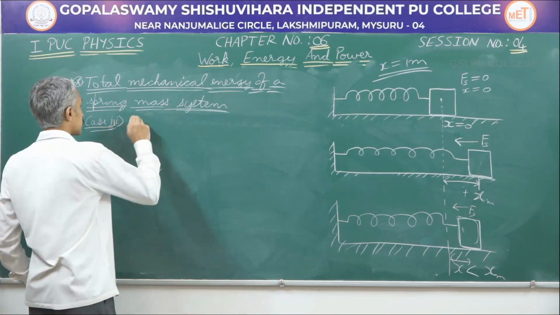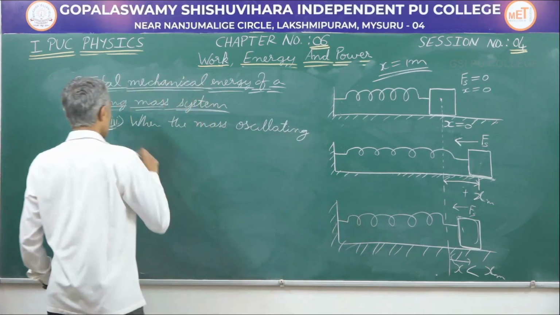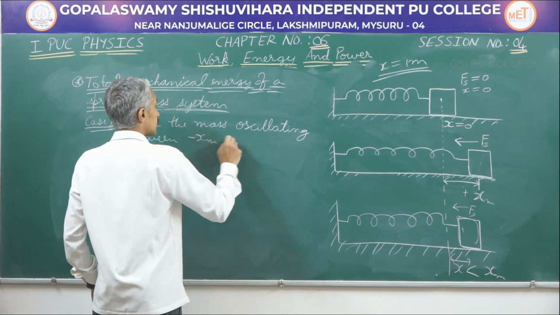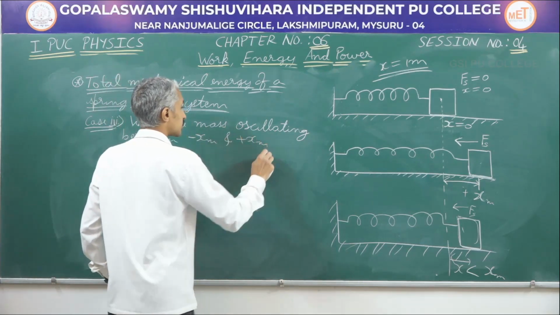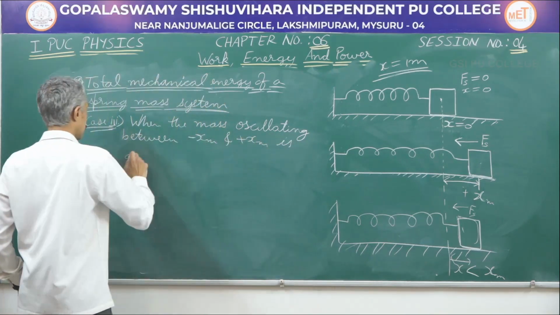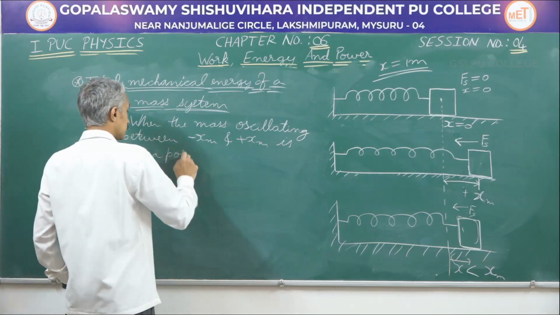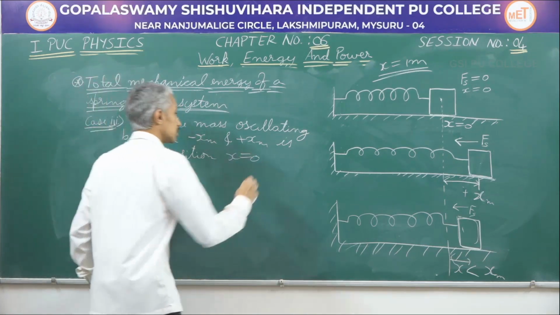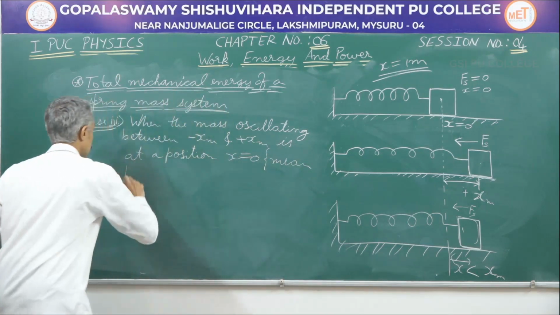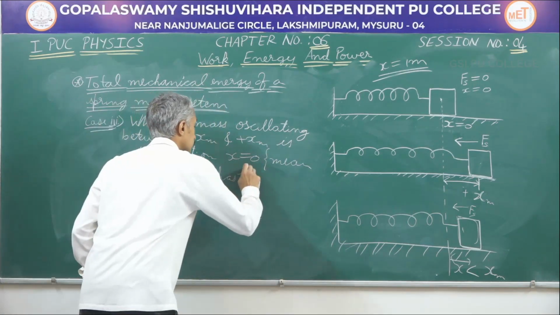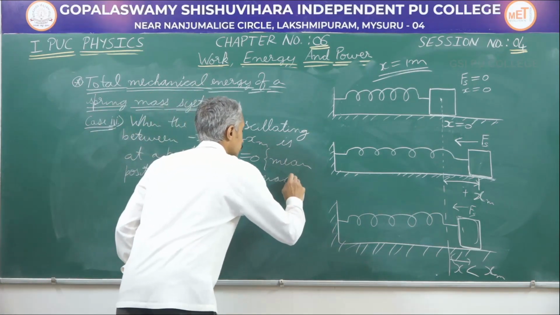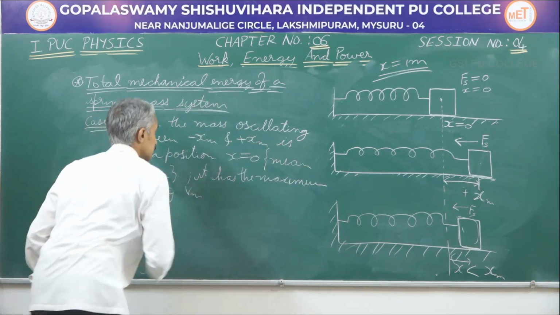Next, the third case, when the mass oscillating between minus xm and plus xm is at the position x equal to 0, the mean position, it has the maximum velocity v.